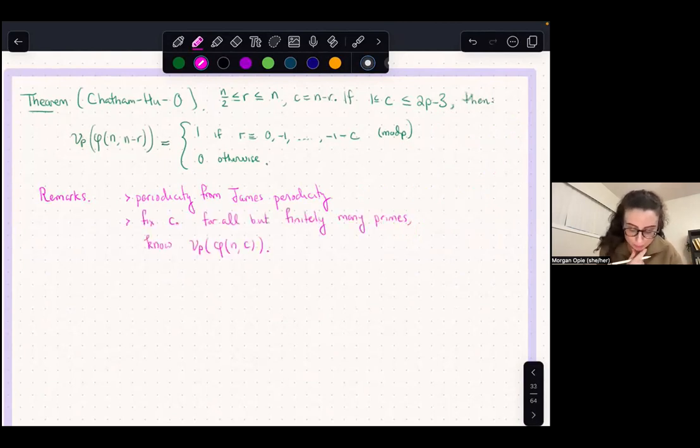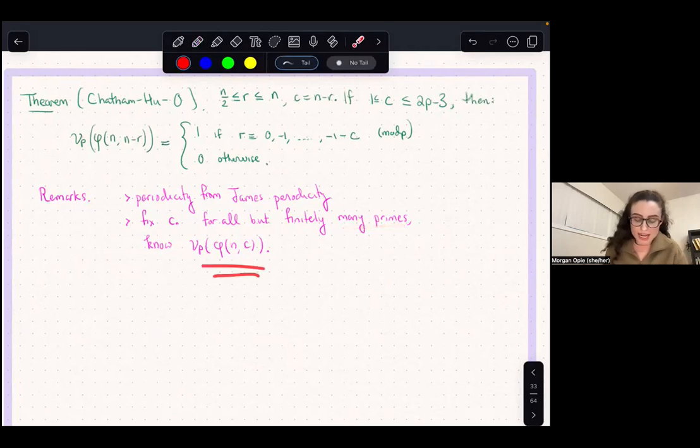And if we fix a co-rank C, something else that you might observe from this is that for all but finitely many prime numbers, we know the p-adic valuation. This is just saying that eventually 2p minus 3 becomes larger than C for all primes p. So the real situation here is that we want to know about primes that are small relative to the co-rank.